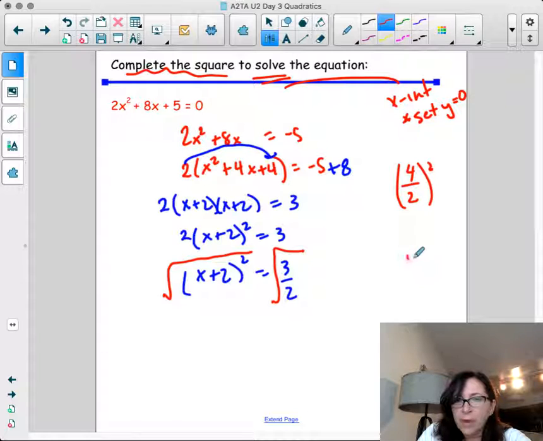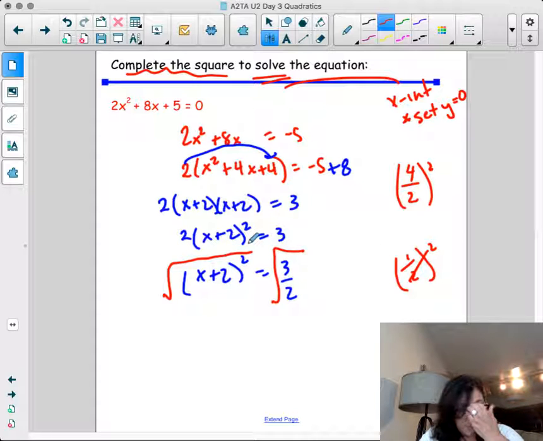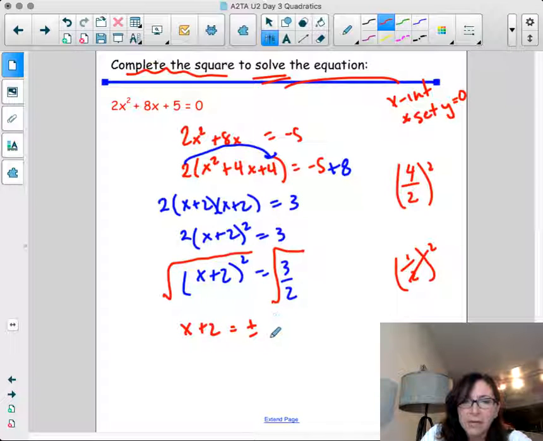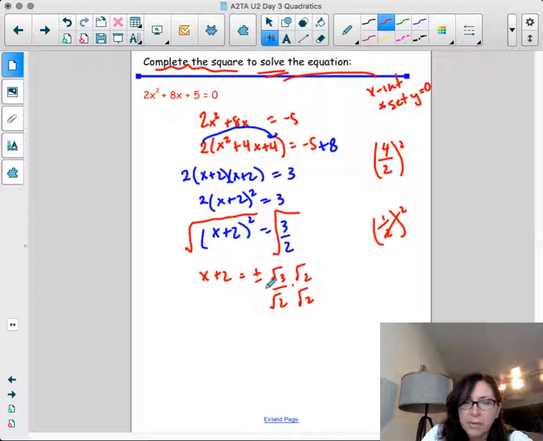And so, on the side here, when you square a half power, those cancel and you end up getting 1. You have x plus 2 is equal to plus or minus the square root of 3 over the square root of 2. Let's simplify that really quick and lose the root in the denominator. That's going to be plus or minus the square root of 6 over 2.